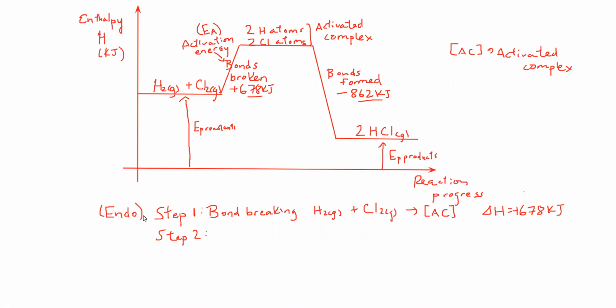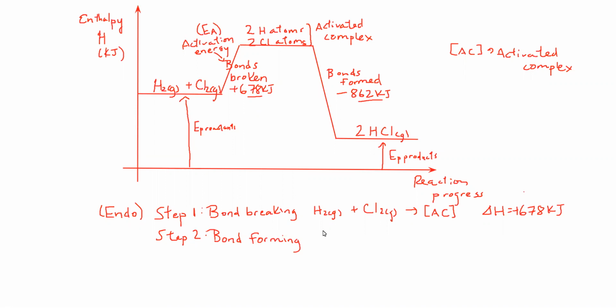So the first step, because you end up with higher energy than you started with, it is an endothermic process. It means that the system is absorbing energy. Step 2, on the other hand, is bond forming.